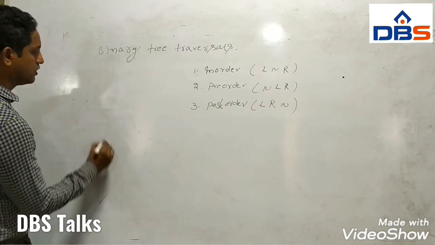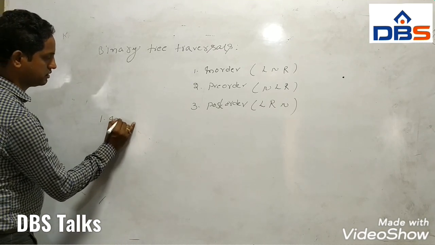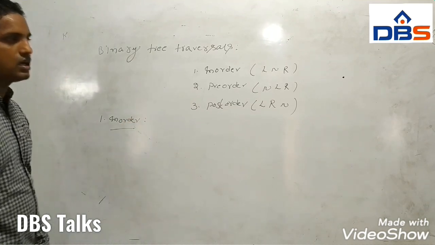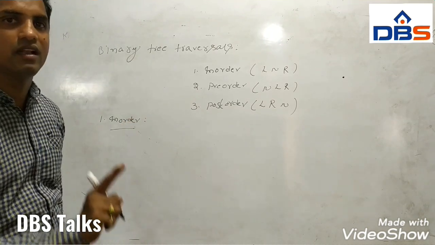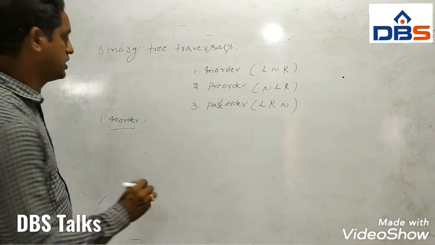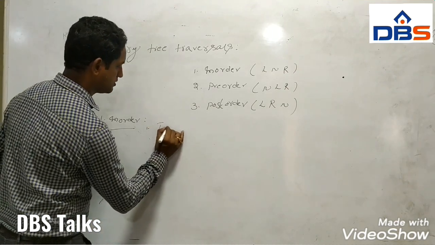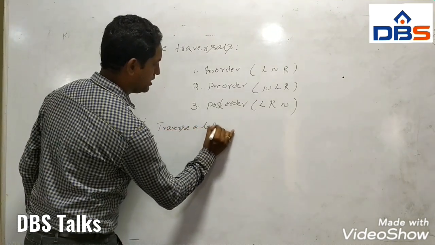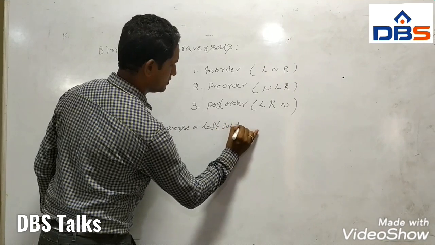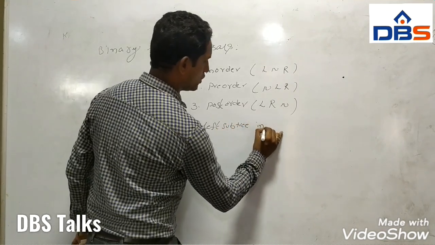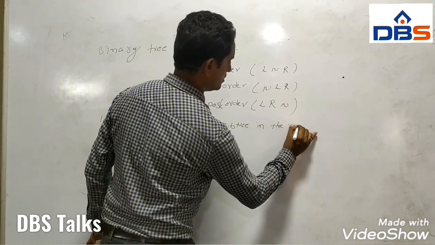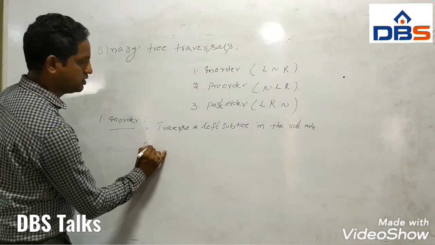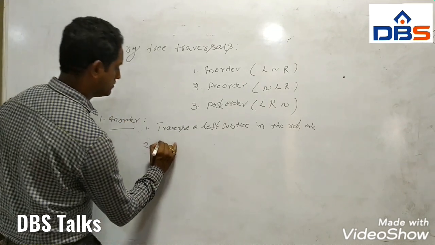First of all we go for in-order. In in-order, the first thing is to traverse the left subtree of the root node. Second, visit the root node.